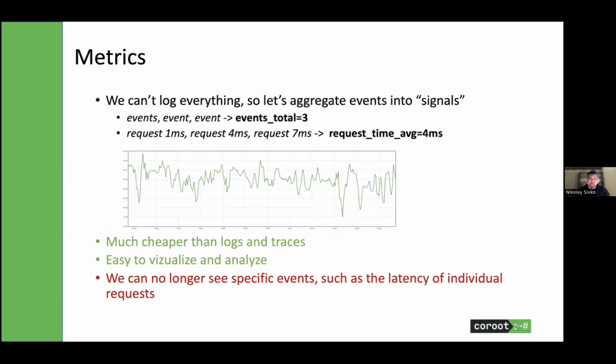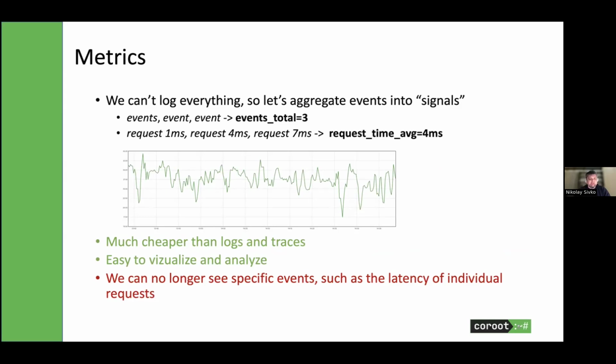Think of it like this: we have some individual events, like requests from user A and requests from user B, and we can log them. But metrics are some aggregation. For example, we took the response time of each individual request, calculated the average, and created a time series called request time average, and we can visualize it.